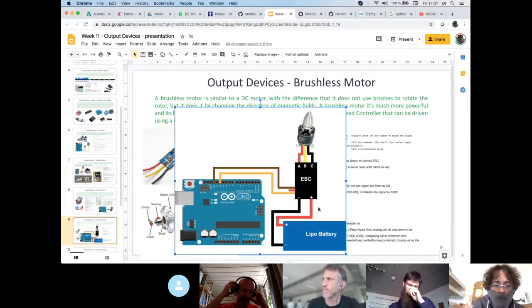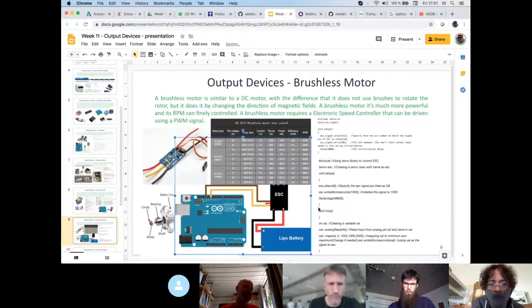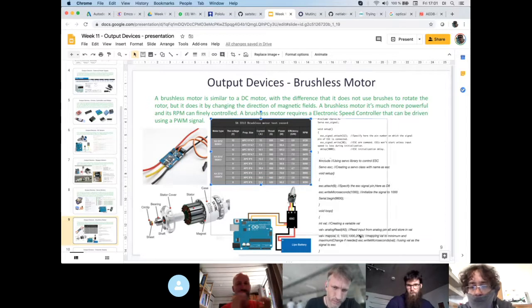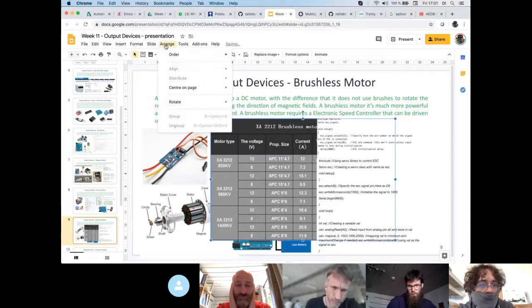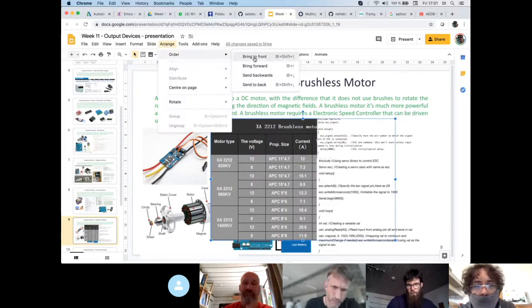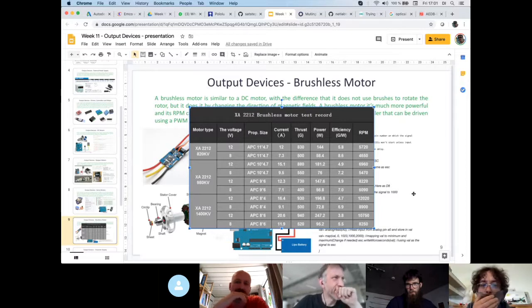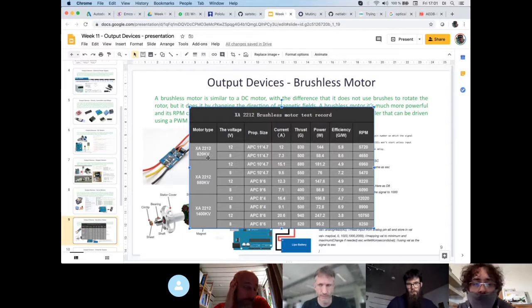For the motors, what you can do is, before you buy them, look at the specifications. In this case, these ones are for drones, but honestly, you can find similar ones for the water. One of the specs of the brushless motor for drones is this KV.